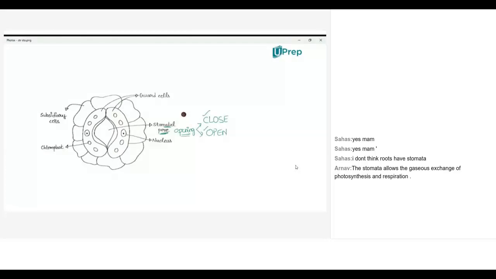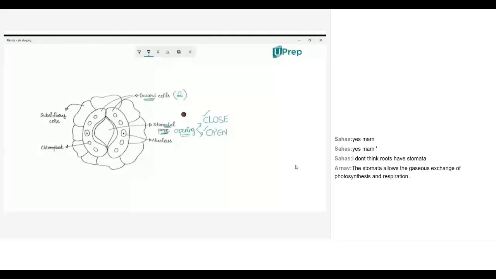And when you take the stomata pore, a single pore, it is surrounded by two cells called guard cells. Usually you will have two guard cells around each pore. When you take one stomatal pore, you'll have two guard cells surrounding it.